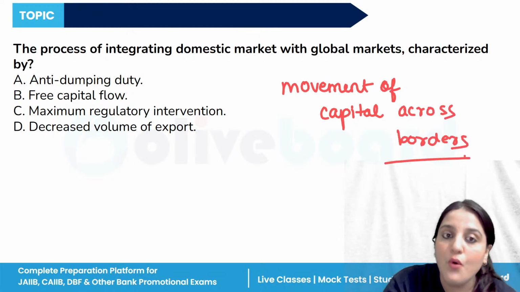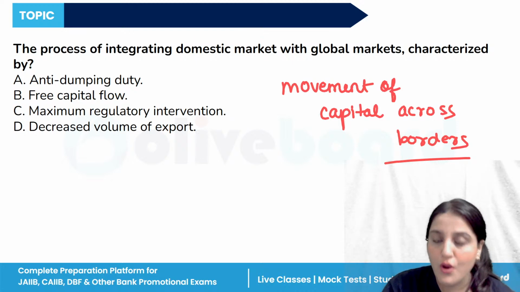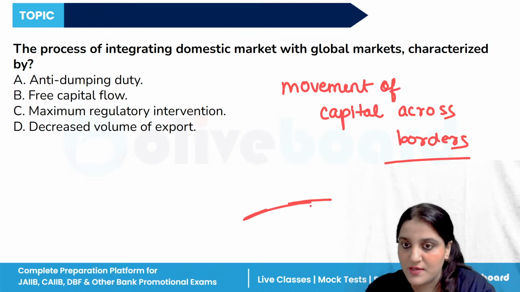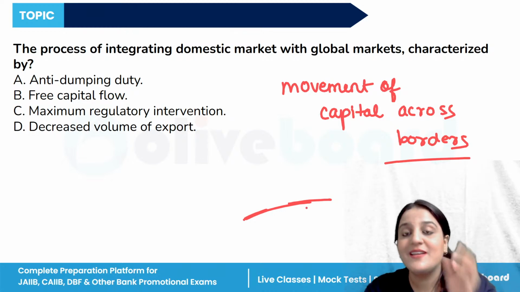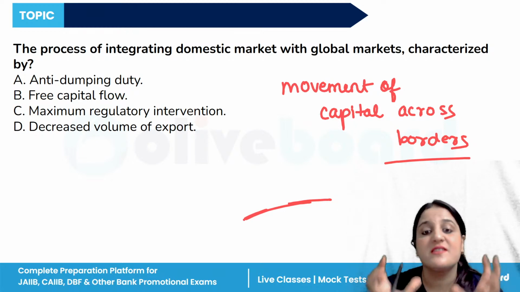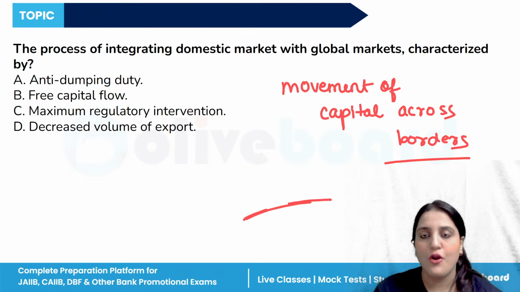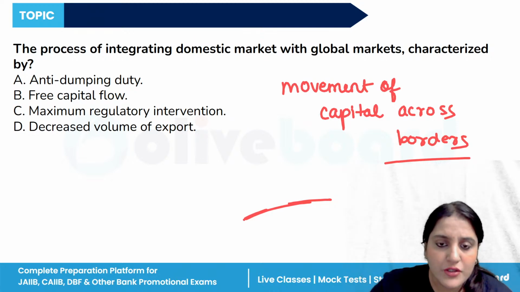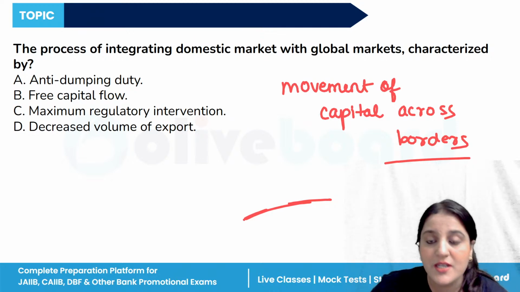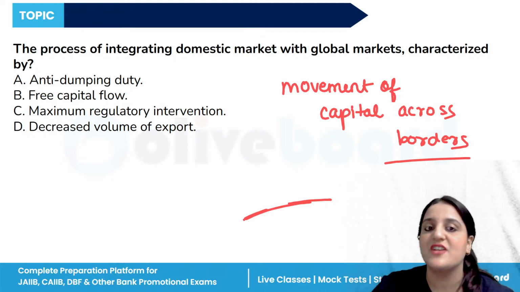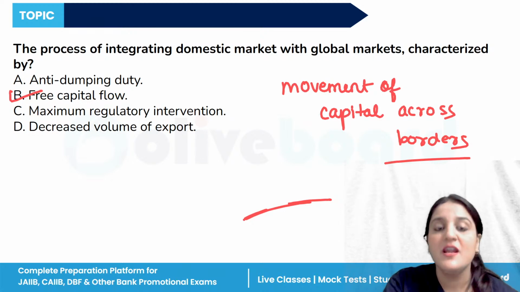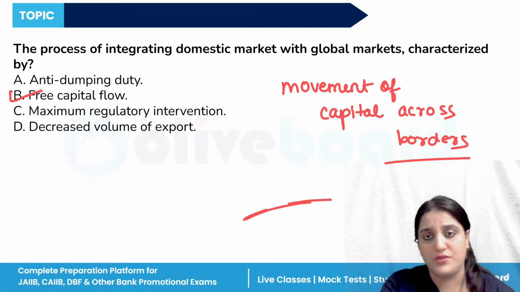This is known as free capital flow, which allows for the movement of financial resources, investments and capital, but without heavy restrictions. The integration of the domestic market with the global market promotes economic growth, increases investment opportunities and also facilitates international trade. So we can say option B is correct: the process is characterized by free capital flows.